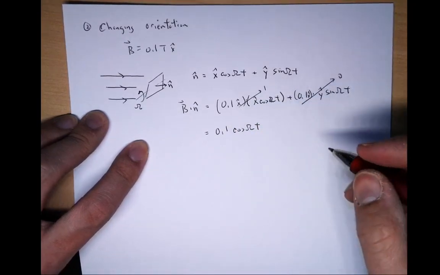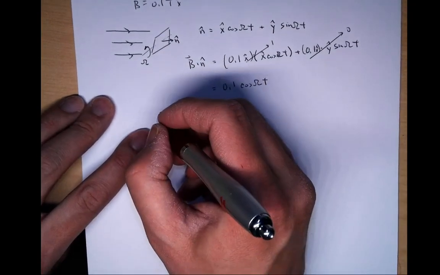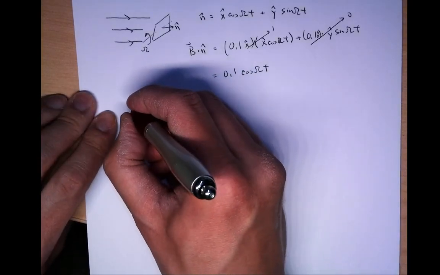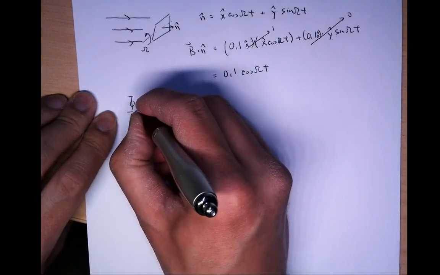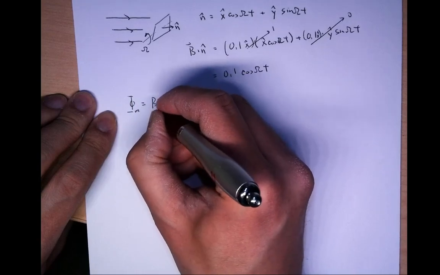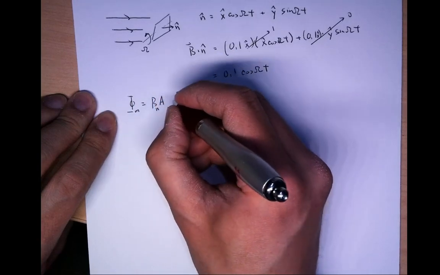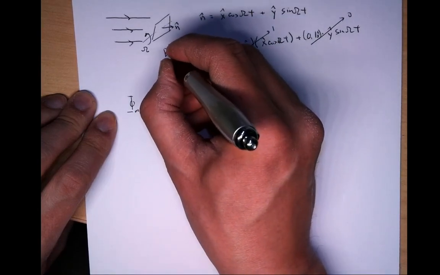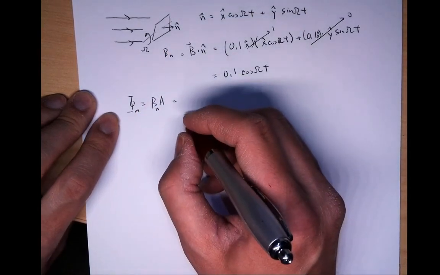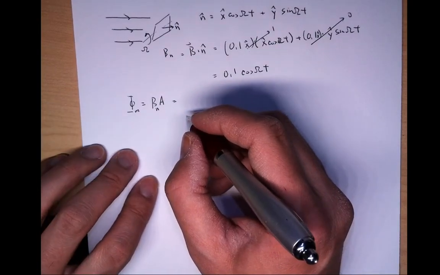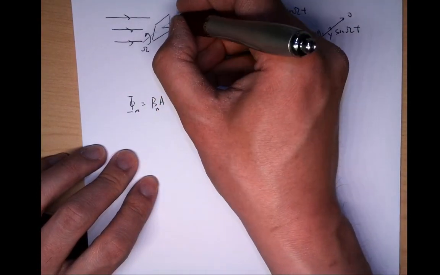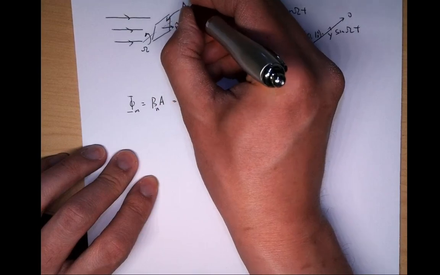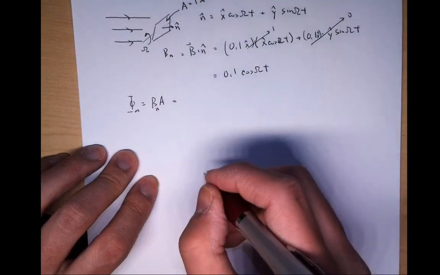Once we have this, we can plug it in. So phi sub m is just B sub n times A. I should give you the area of this thing: this area A is equal to 1 meter squared.